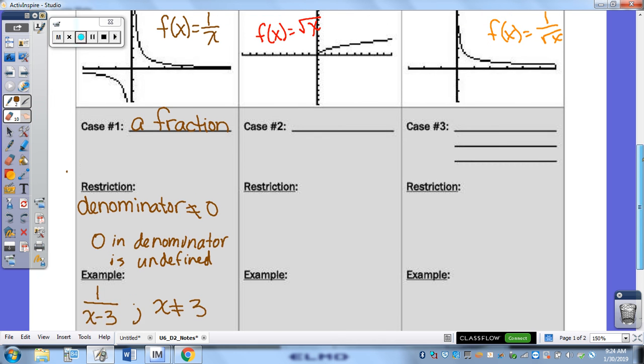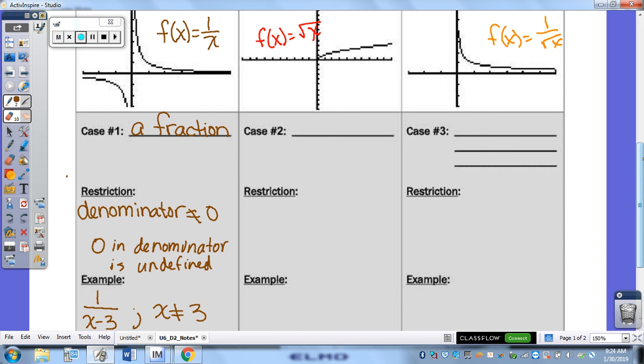So looking at our second case, our radical there. The problem with this one is the fact that it's a radical. So the problem with our radicals is you can't have negatives under the radical.